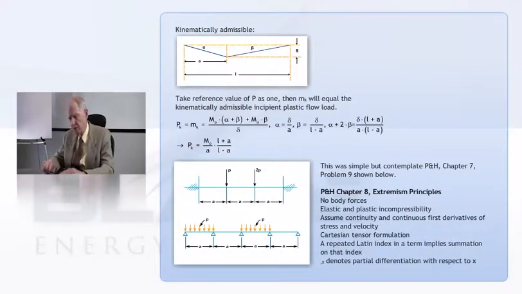But if you look on the next, and not the top picture, that's just elaborating more on that particular problem we just looked at. Below that, there are some pictures, and they come from Prager and Hodge's book. Now, if you take this one where you have the load P at the 1/3 point and the load 2P at the 2/3 point on a built-in beam, you can't get away with what we just got away with, because it could fail this way or it could fail that way.